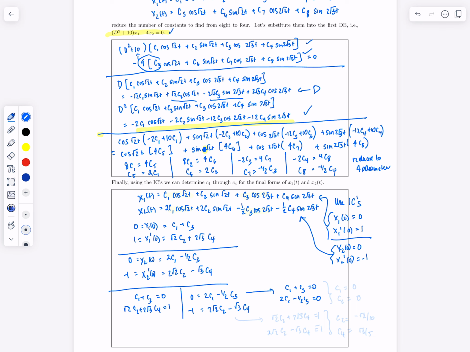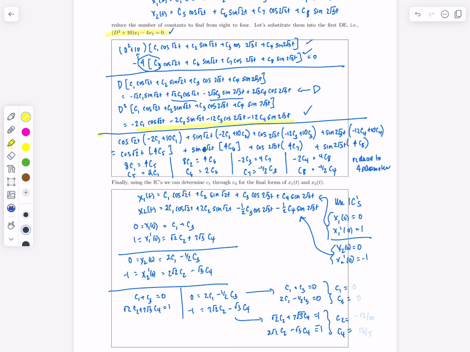And we solve those for C1 and C3. And then down here, we'll combine the last two, and we'll have square root of 2 C2 plus 2 on the square root of 3 C4 equals 1. And then also 2 on the square root of 2 C2 minus the square root of 3 C4 equals minus 1. And we'll solve those for C2 and C4.